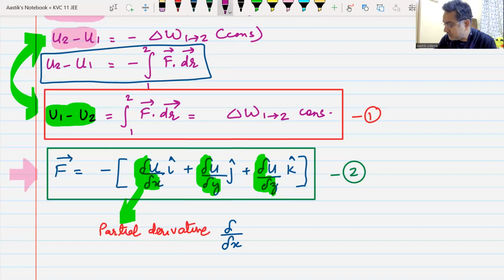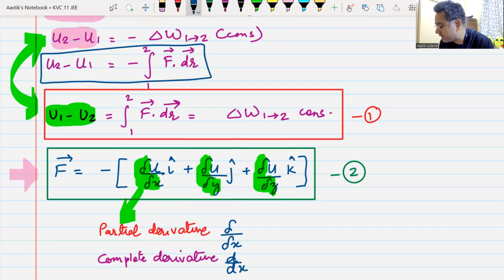Then we have something known as the complete derivative, or the full derivative, or simply the derivative. That is your d by dx. That is the complete derivative.